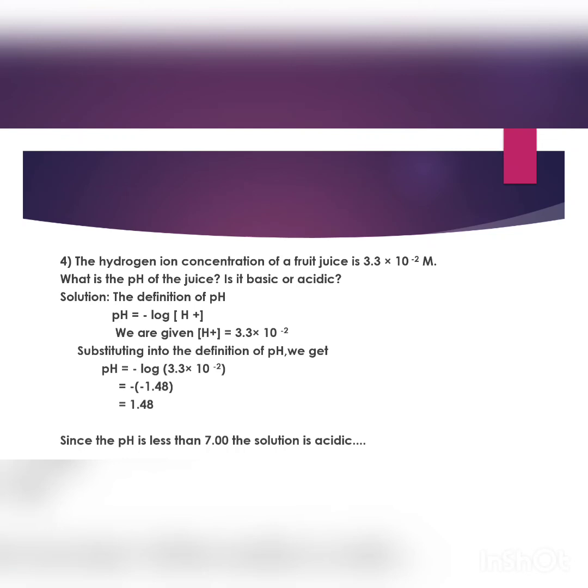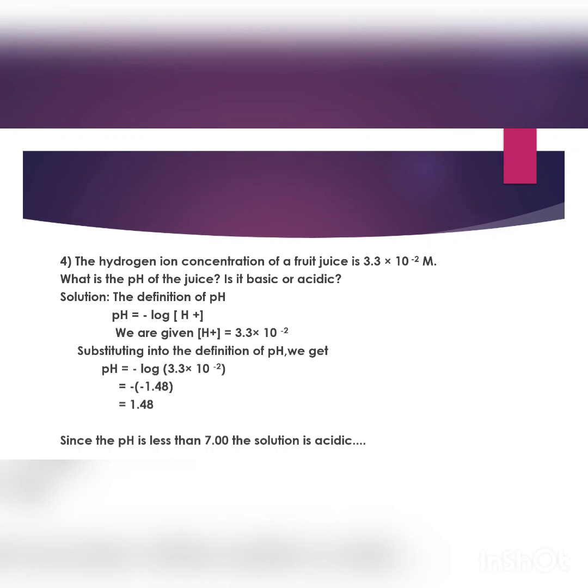The hydrogen ion concentration of a fruit juice is 3.3 into 10 raised to minus 2 molar. What is the pH of the juice? Is it basic or acid? The solution for this question is, the definition of pH is given as pH is equal to minus log into the molar concentration of H+. We are given the molar concentration of H+ as 3.3 into 10 raised to minus 2.